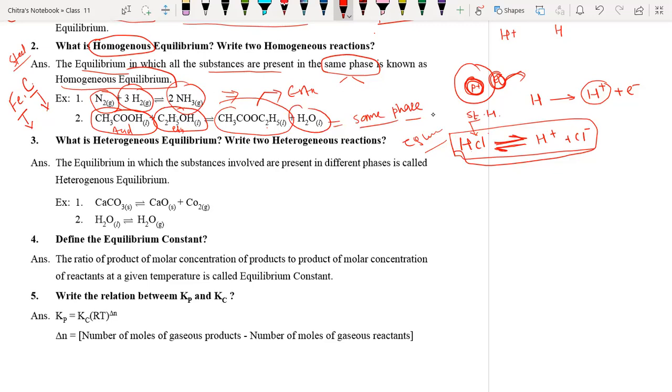Now next we have heterogeneous equilibrium. So first we have to understand what is heterogeneous. Suppose you used to buy most of the products like vegetables in one bag only. Suppose this is the shopping bag you are having. Here you are buying potatoes, brinjals, then carrot, like this.